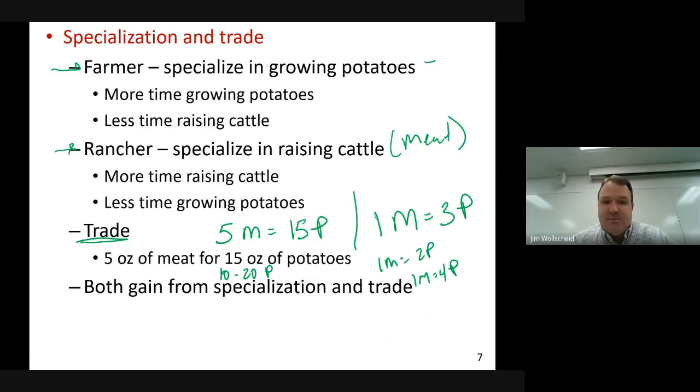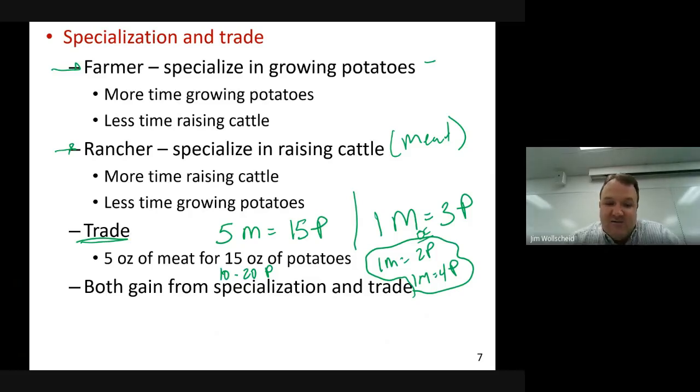Always go back to the base ratio. Yes, Amber, for the comparative advantage, it is the smaller number. But when we find this trade, we always want to go back to that opportunity cost, and here's our opportunity cost table. As long as our ratio is in between these two ratios, we're good.